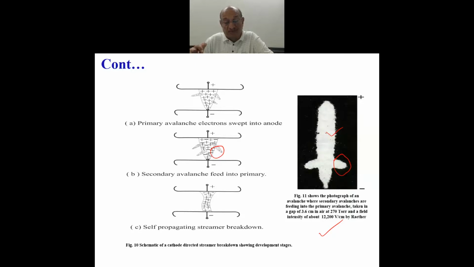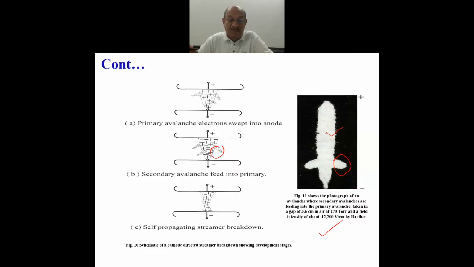That means for a streamer mechanism, the criterion is that the total number of charged particles must be more than 10 to the power of 8 in the avalanche, and that can be accomplished above a certain gap length between the two electrodes, and that minimum gap length is 2 centimeters.